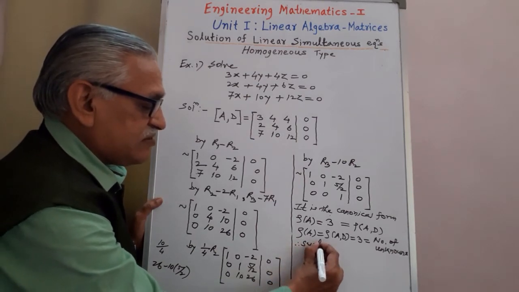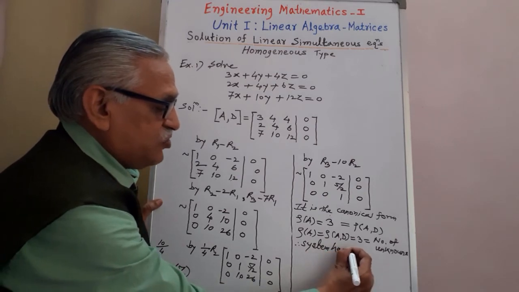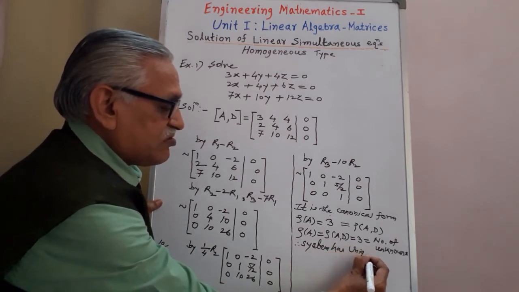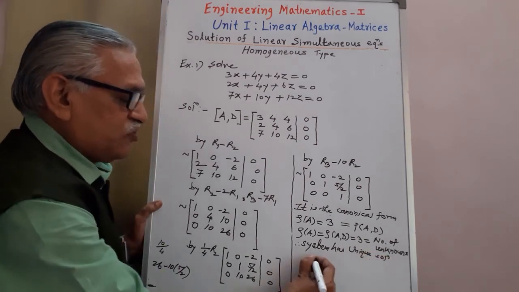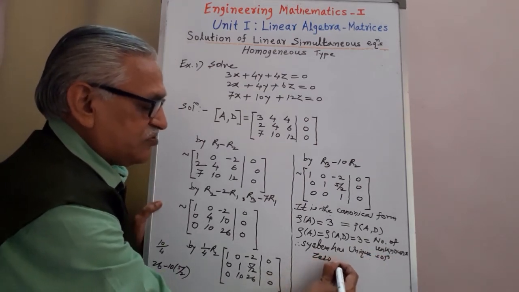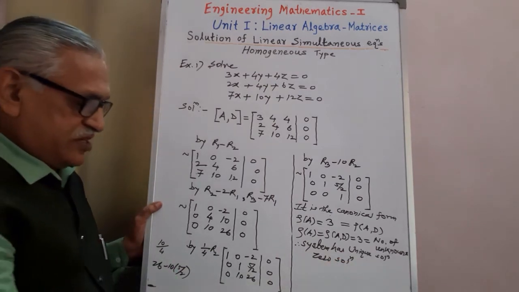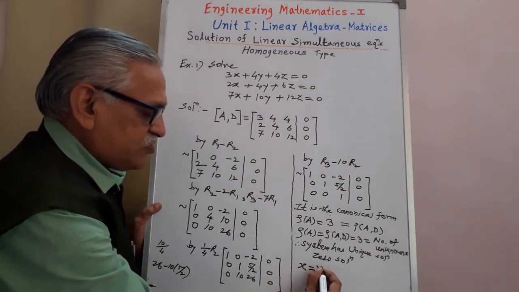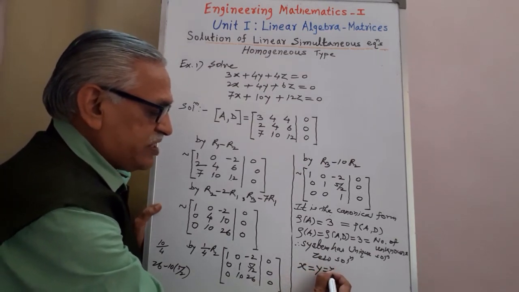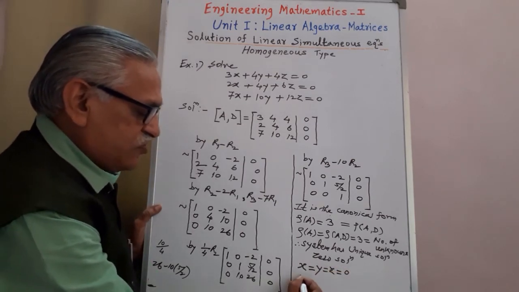And as it is equal to the number of unknowns, as per the condition whatever I have discussed earlier, therefore the system has a unique solution, and that unique solution is a zero solution, or we also call it a trivial solution. And therefore the solution is x equals y equals z, and all values are equal to 0, which is the required solution.